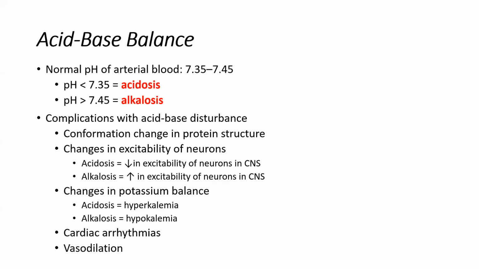If we have potassium going out of balance, this can put us in some other physiologic complications, such as cardiac arrhythmias and vasodilation. In fact, if any of you have ever heard of, I forget what they call it, a lethal injection. So the lethal injection, which is a part of capital punishment. So if you are sentenced to die via lethal injection, a part of that process is administering potassium.